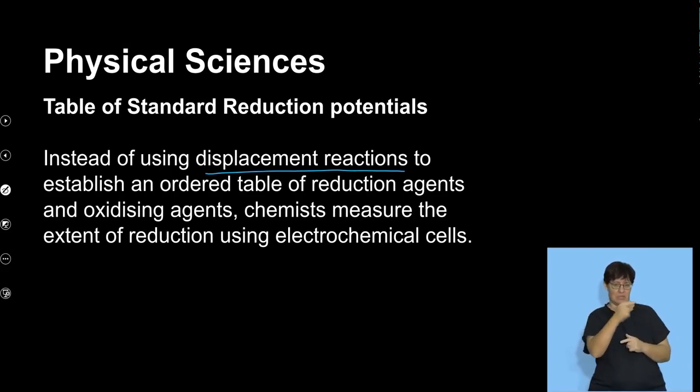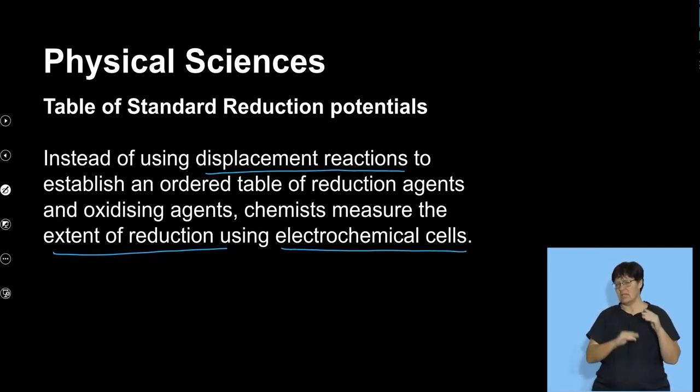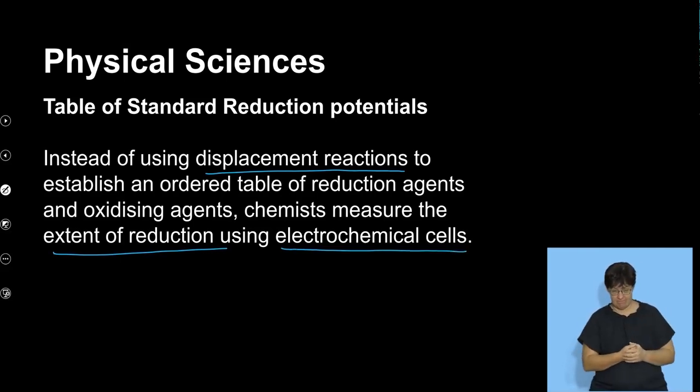So instead of using these displacement reactions to establish the order of reducing agents and oxidizing agents, chemists can measure the extent of reduction using electrochemical cells. So electrochemical cells are a way of getting to a point where you are able to compare different substances in terms of their reducing ability.